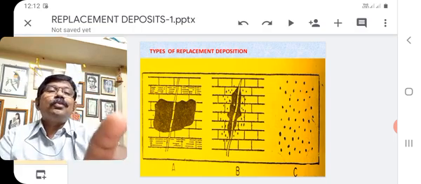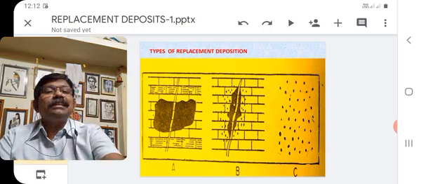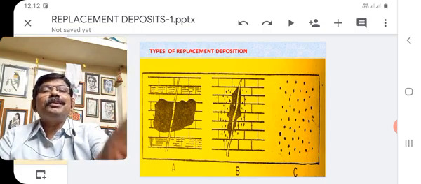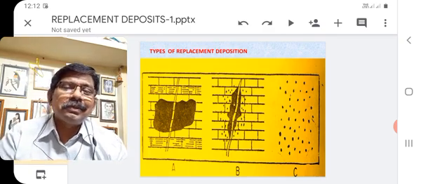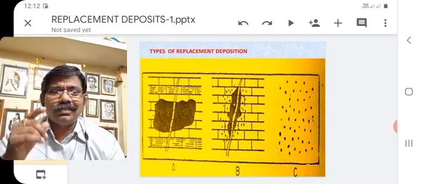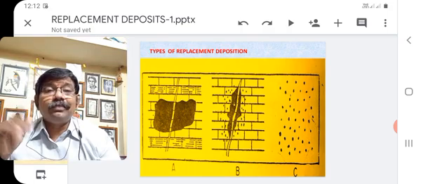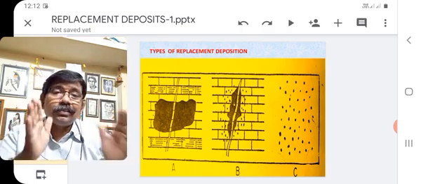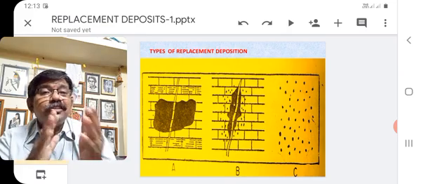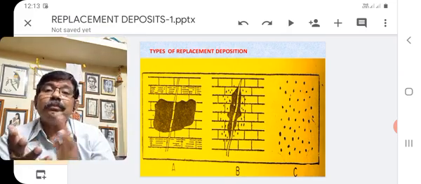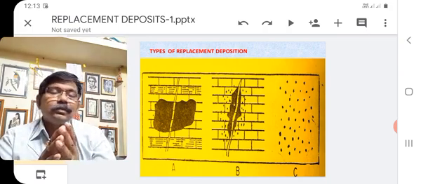Like this, now you can distinguish them from each other and make a comparative study of these three types of depositions. It is difficult to forget, because when you understand thoroughly and distinguish them from each other, a comparative study is done.